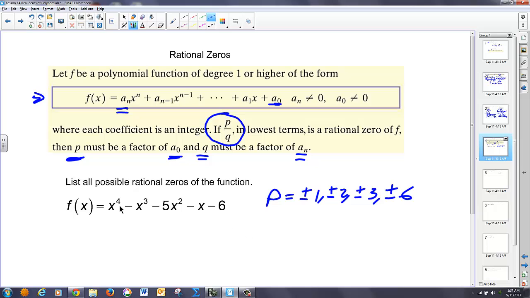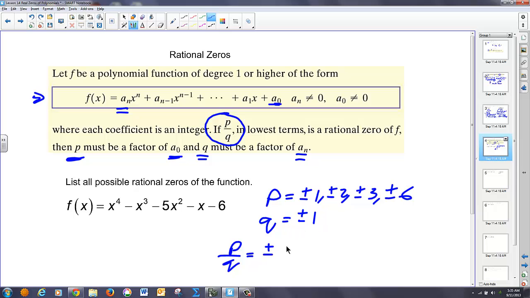Those are all my factors of 6. If I look at the coefficient in front of the first term, that's my a sub n term once again. Those are going to relate to q. There's only one thing that multiplies to 1, and that's plus or minus 1. So really, if I take all my p over q values, it's just each of these divided by positive or negative 1.